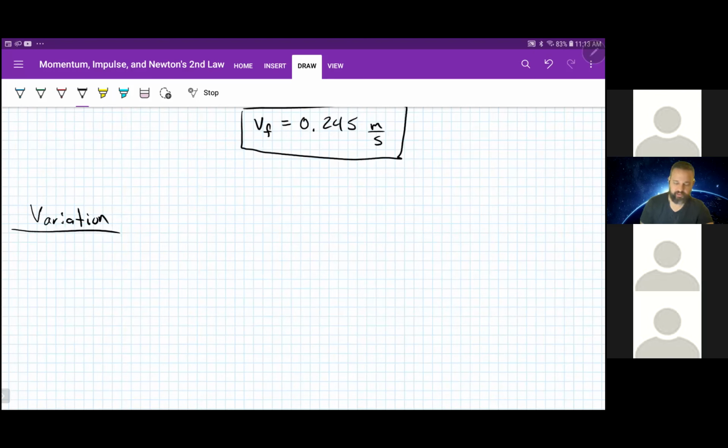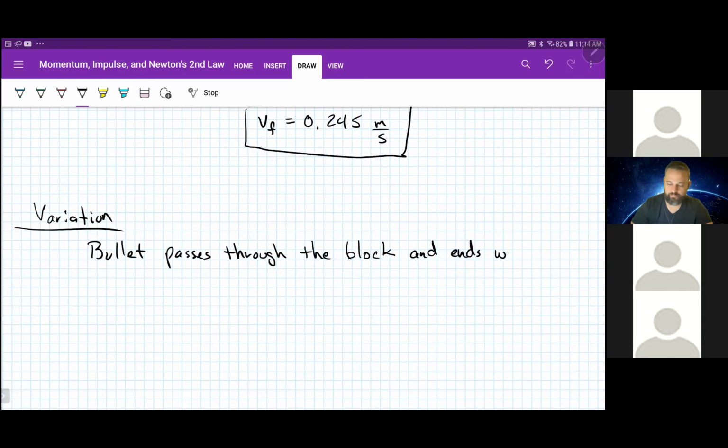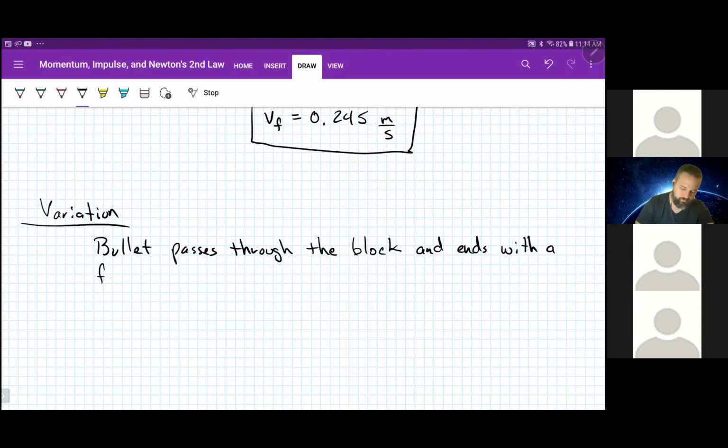The variation here is that the bullet passes through the block and ends with a final velocity of 100 meters per second.